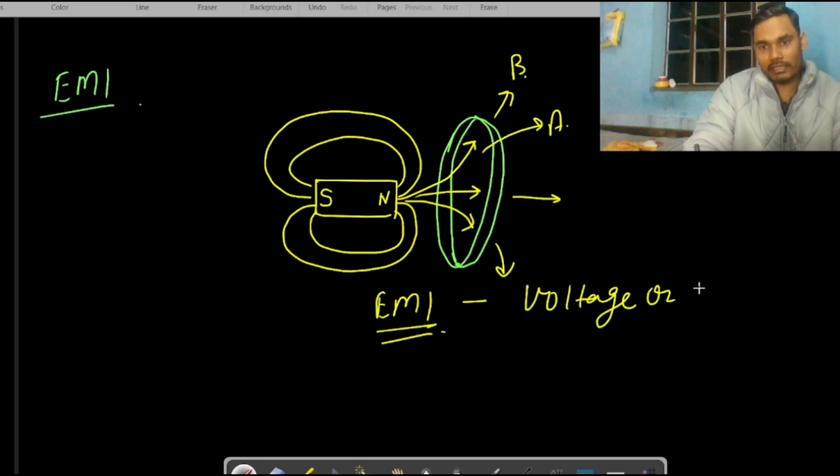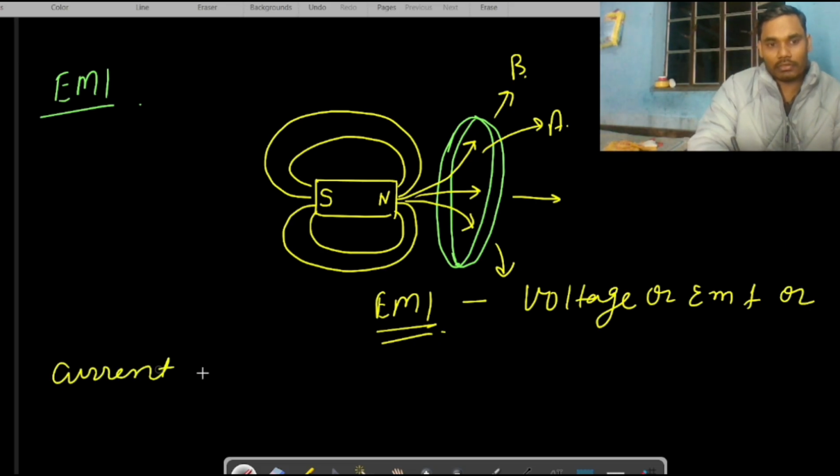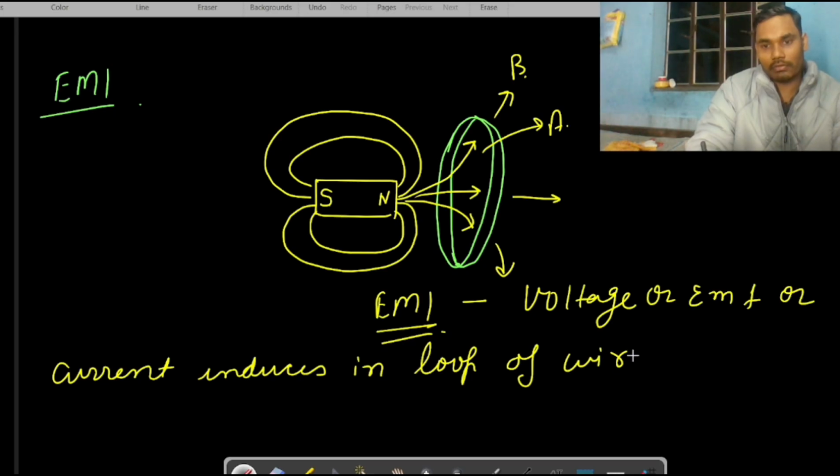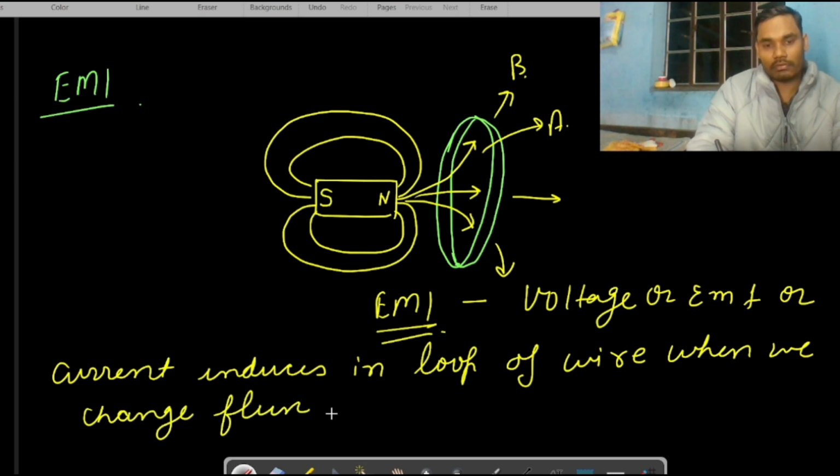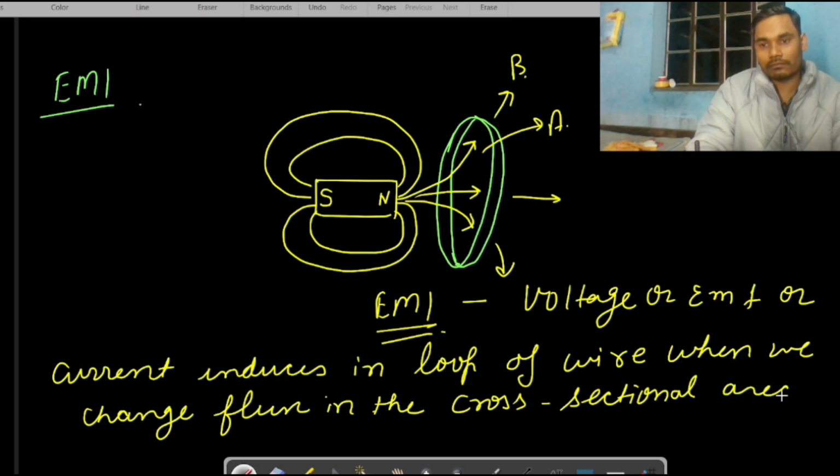Voltage, or we can say EMF, or we can say current, is induced in a loop of wire when we change magnetic flux in the cross sectional area of the loop of wire.